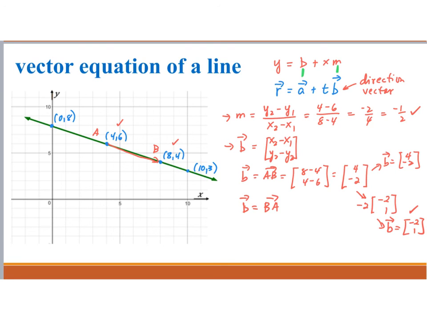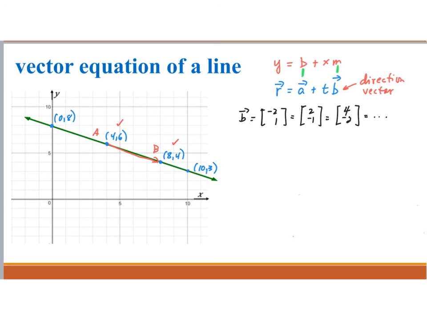This will just end up with negative 4, 2, so that can already be your B. Or if you simplify it like we did here, we will end up with a B of negative 2, 1.